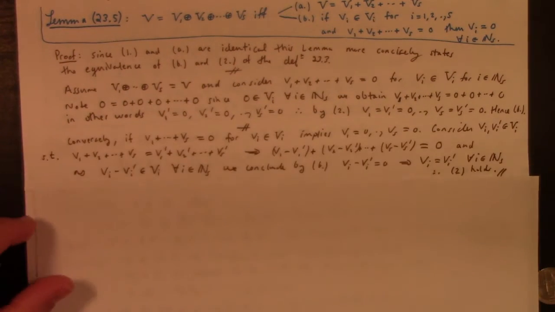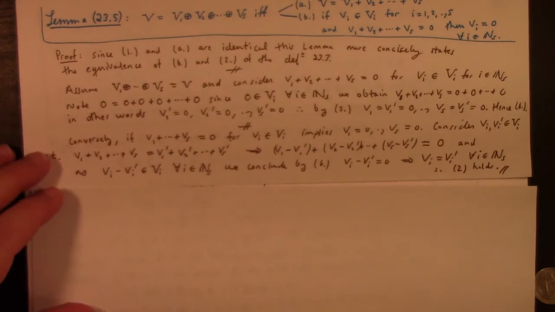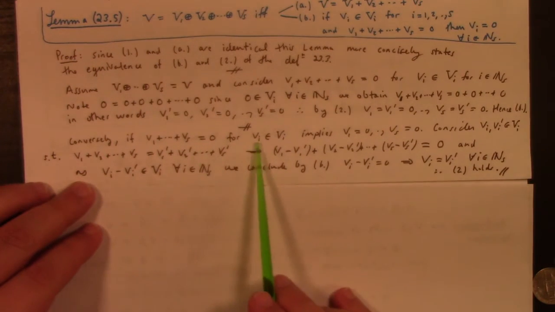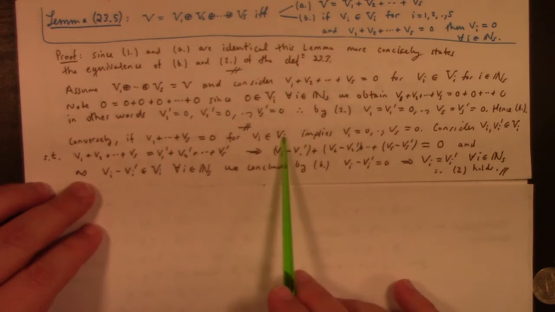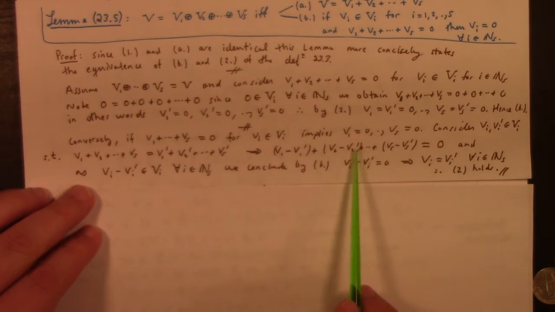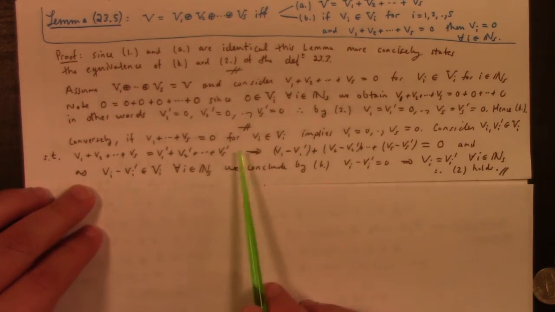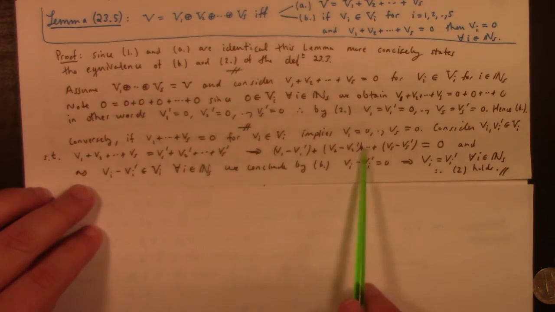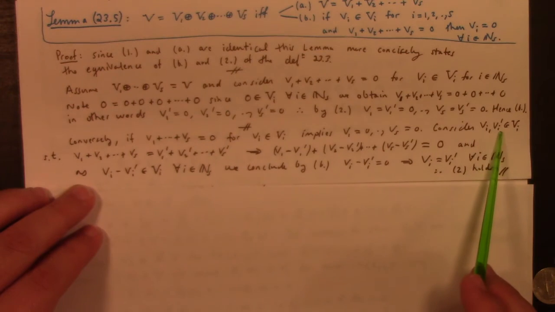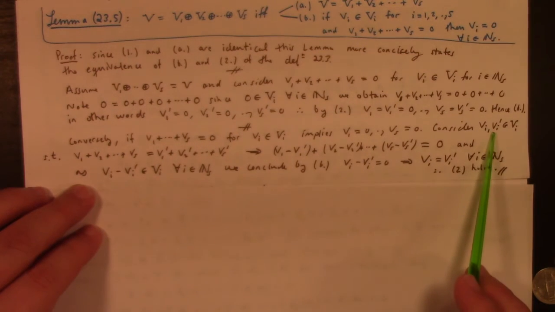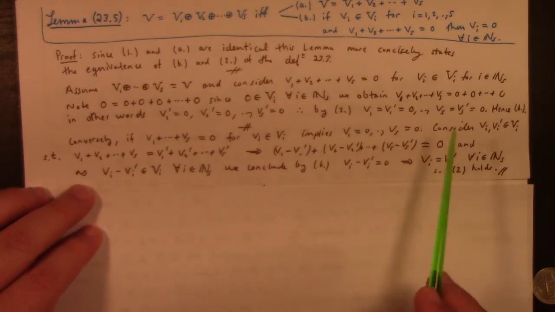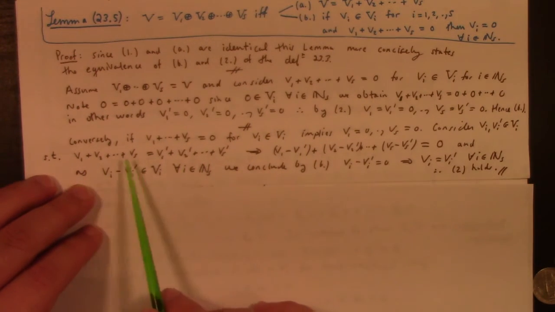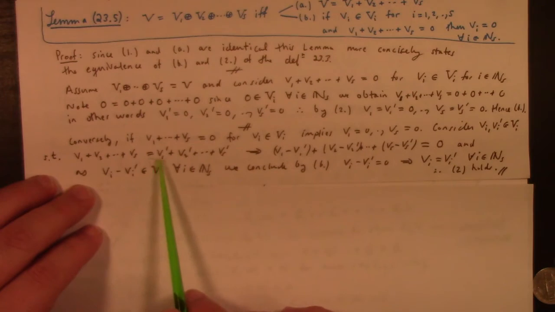Conversely, if we have this linear combination equal to 0 where the v's are taken from each subspace respectively, that implies that v1 is 0 through vs is 0. Suppose that's the case, all right? Then consider if you've got vi and vi prime, each taken from the ith subspace, such that they're different expansions giving you the same vector.